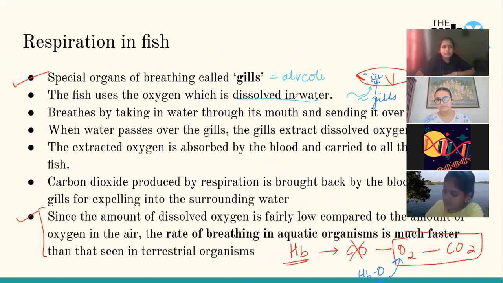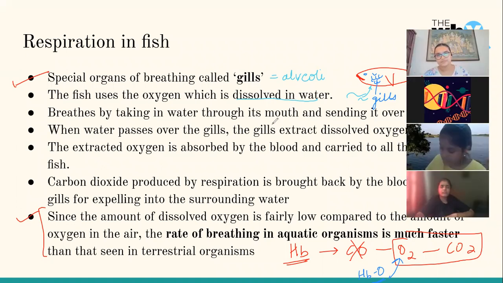Don't say it is silly. So what happens in case of fishes is that they take in oxygen through water. The oxygen is dissolved in water. How should I explain this in simple terms? It forms like a mixture with water, and they don't really know how to take in oxygen from the air like we do.